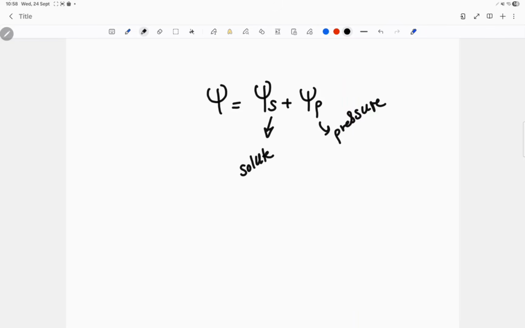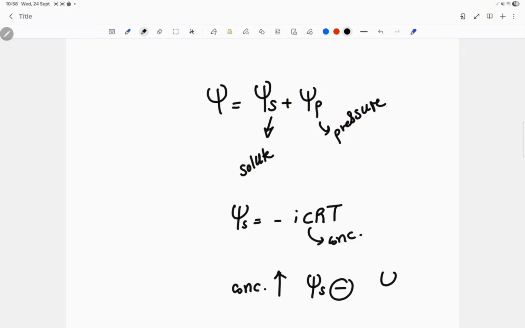Now, the solute potential is equal to negative iCRT. So C is for concentration. If the concentration of the solute increases, the solute potential becomes more negative and the water potential will decrease, because I have a negative on the right side.